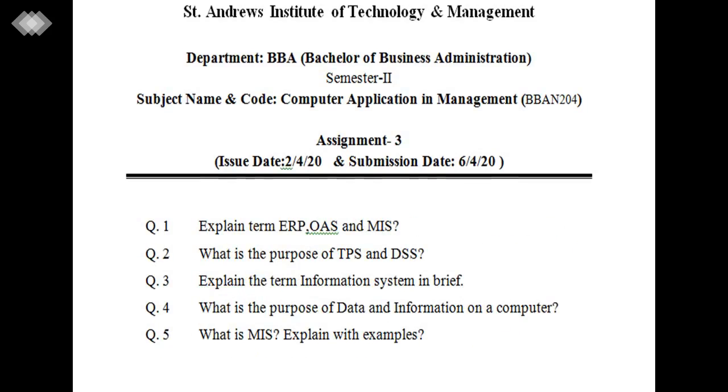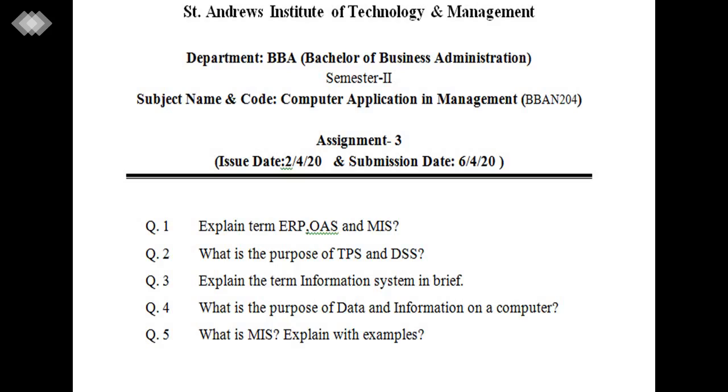Then move to assignment 3, which is related to unit 3, and the questions are: explain the terms ERP, OAS and MIS. Next question, what is the purpose of TPS and DSS? The third question, explain the term information system in brief. Fourth, what is the purpose of data and information on a computer?